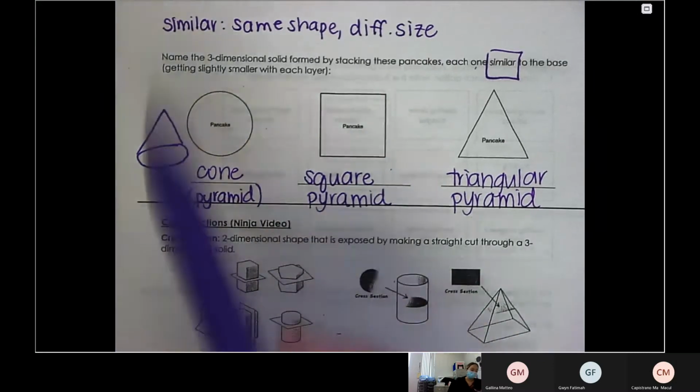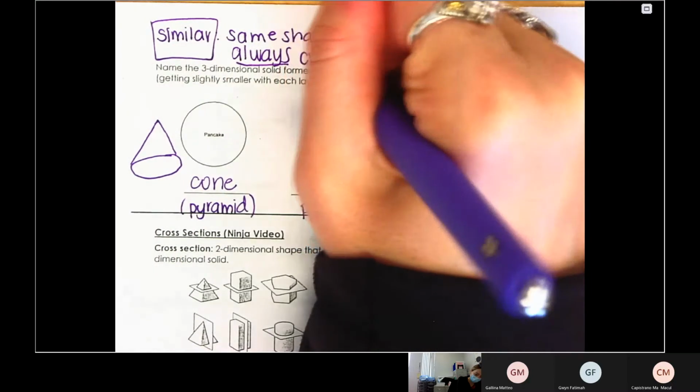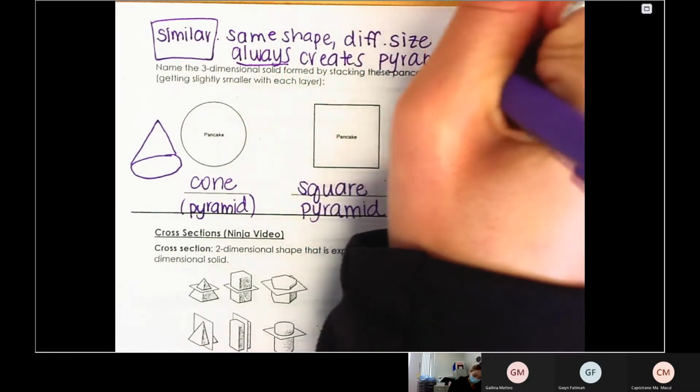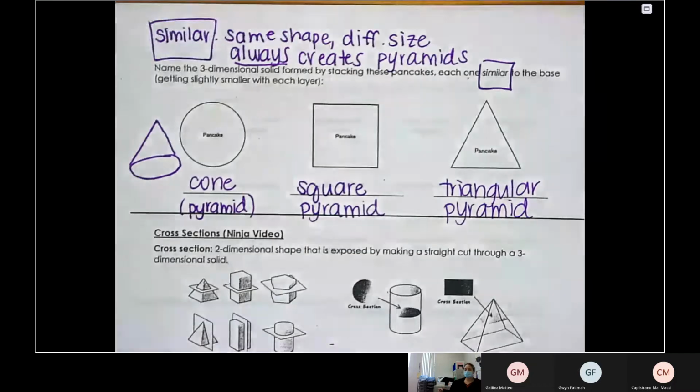Always create pyramids. Good. So if you see similar, it always creates pyramids. That's kind of easy to visualize, so it's kind of noticing some patterns here.